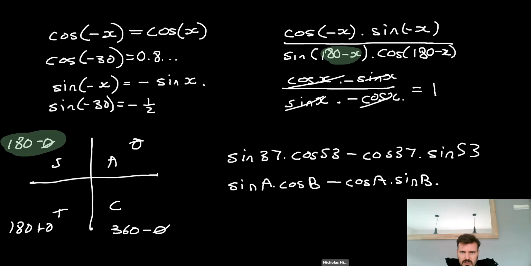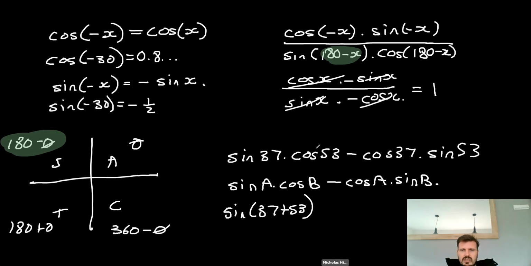Yeah, no, it is that order. Okay, and so what is sine A cos B minus cos A sine B? So would we say sine bracket 37 plus 53? Yes. Okay.